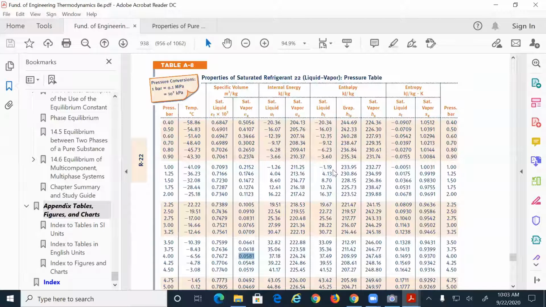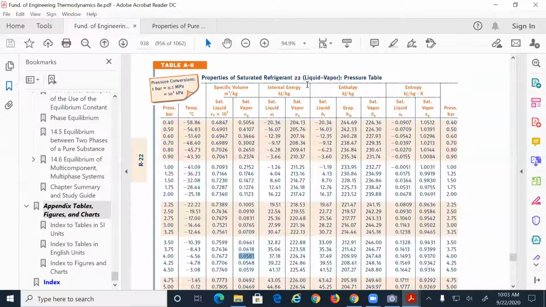But that doesn't help to find the properties on this side, no? So what is the table we need to use on that side? On that side, we need to go to the table of superheated refrigerant R22, where everything is vapor or gas. So you see that the figure is going to tell you which table you need to go to.